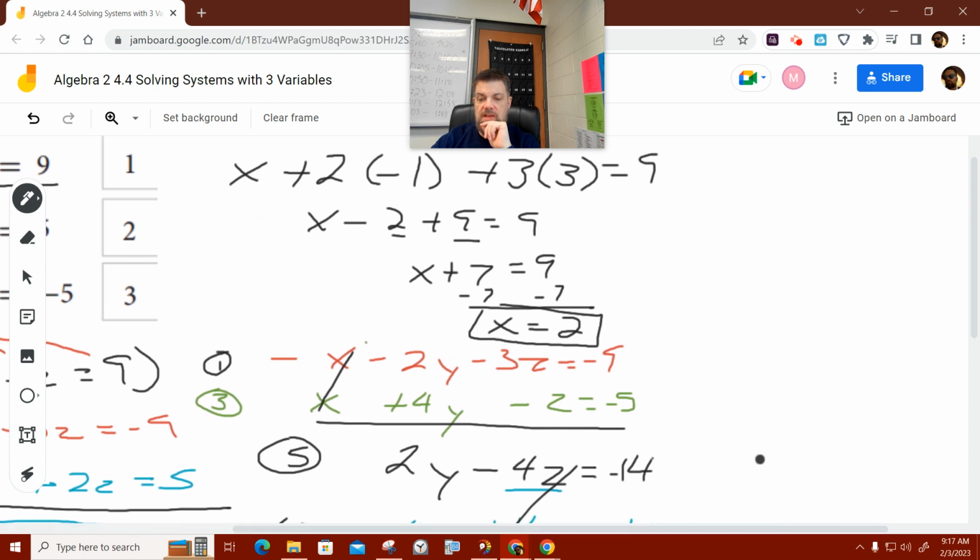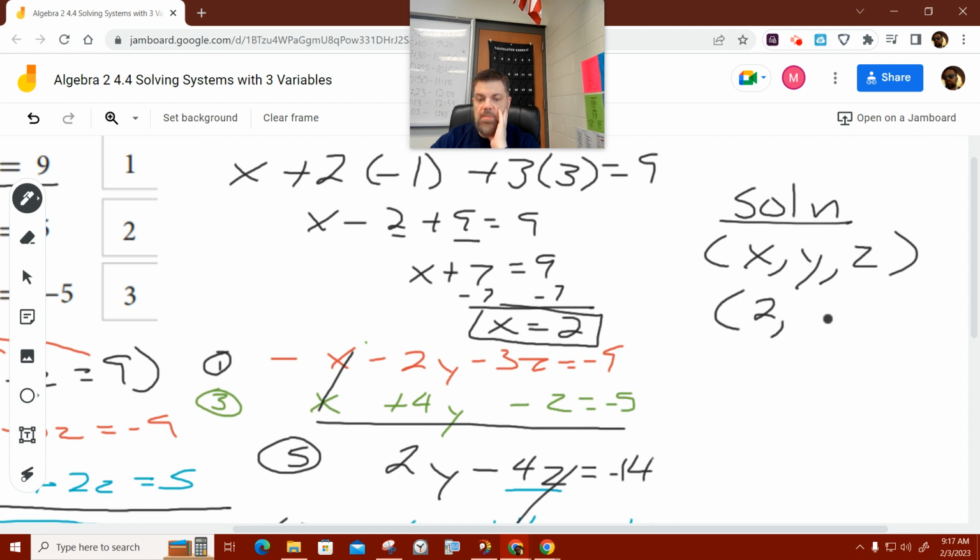So what does all that mean? Well, my solution, where all three of these planes intersect, is going to be x, comma, y, comma, z. Or 2, comma, -1, comma, 3. How could I verify this?